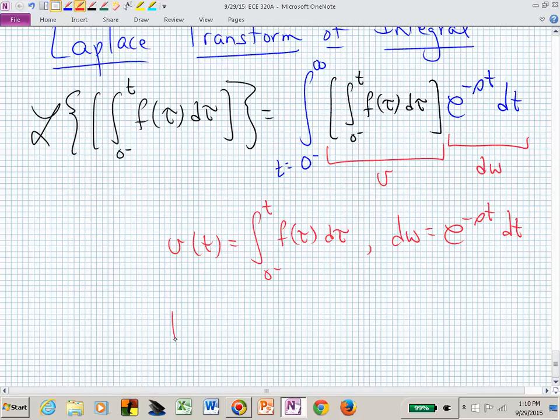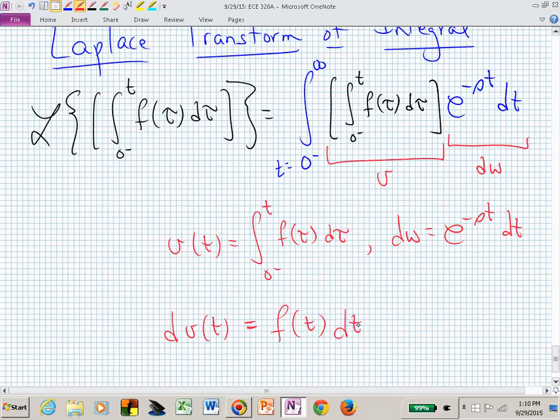If that's the case, what's the differential of v? What happens when we look at the differential of this integral? We're basically just eliminating the integral, so that now we're differentiating the integral, or finding the differential of the integral. So that's effectively f at time t.